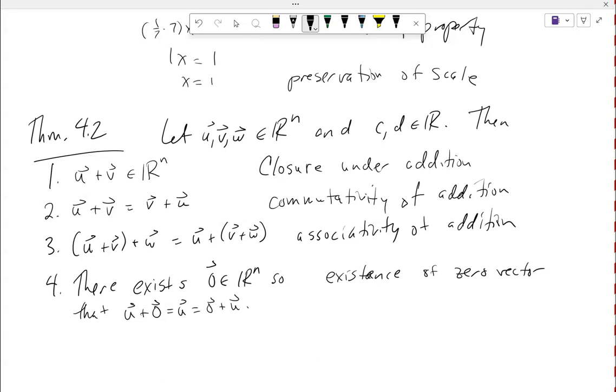But it depends on what the operation is. If you were saying, by the way, I'm really going to define addition as multiplication, I can, because I'm just saying it's an operation. What would your 0 vector be then?